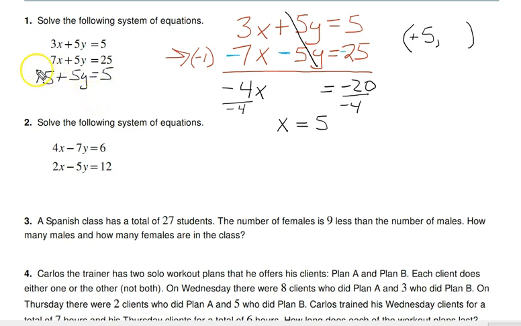I'm going to transpose the 15 to the other side. Becomes a negative 15 and a 5 is a negative 10. And I have 5y equals negative 10. Divide both sides by 5. I get y is a negative 2.